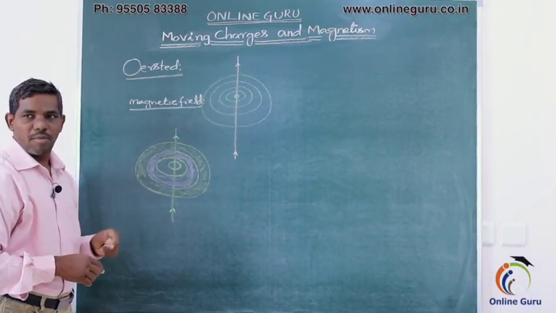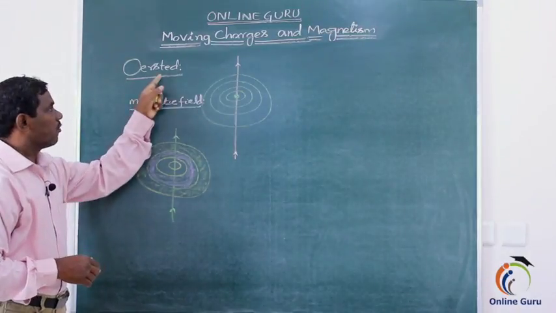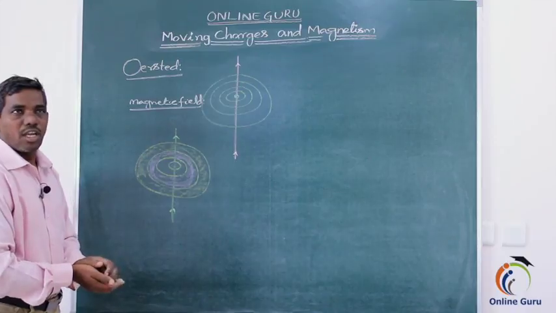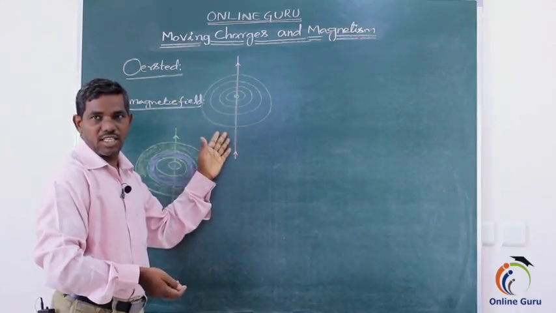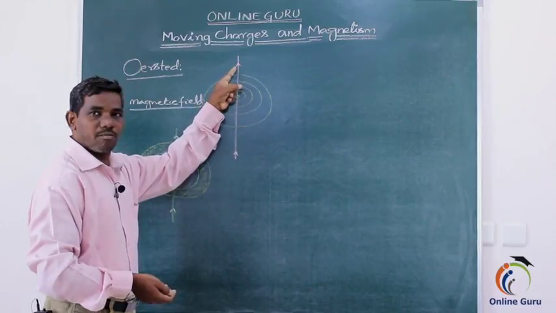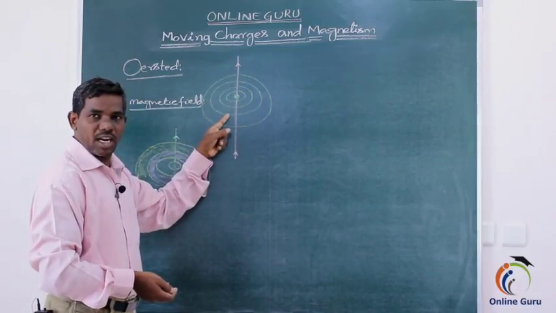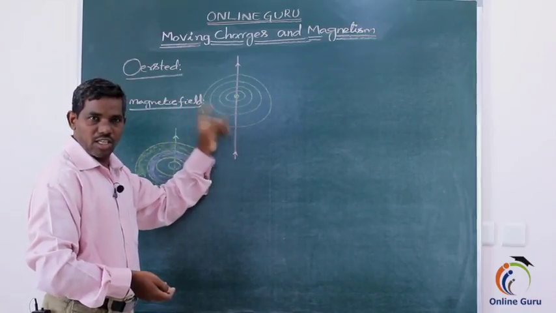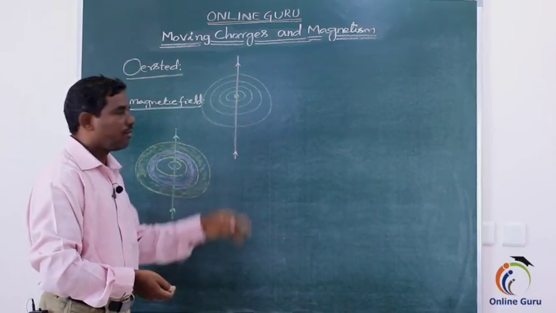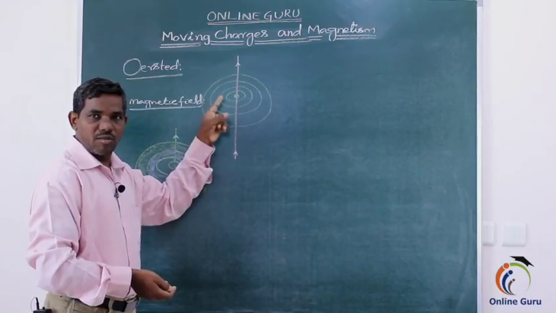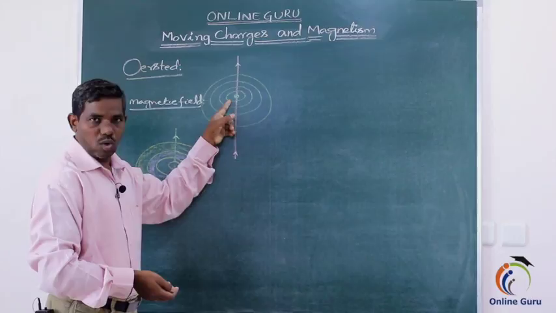The phenomena proposed by Oersted were observed by different scientists, who introduced rules for the direction of current as well as the direction of the magnetic field. One is Ampere's swimming rule. After that, Maxwell introduced the Maxwell corkscrew rule.